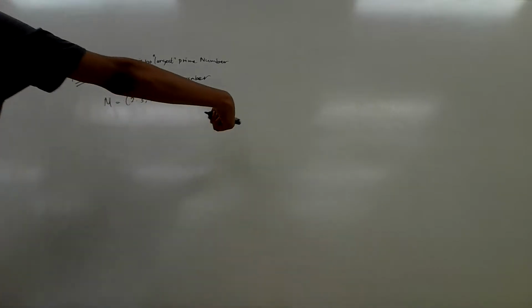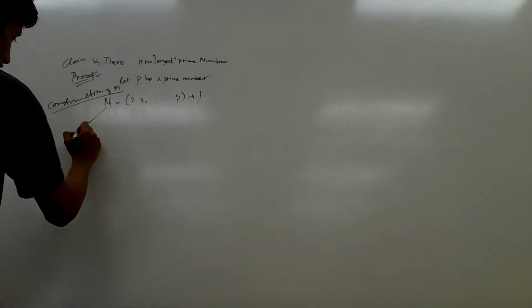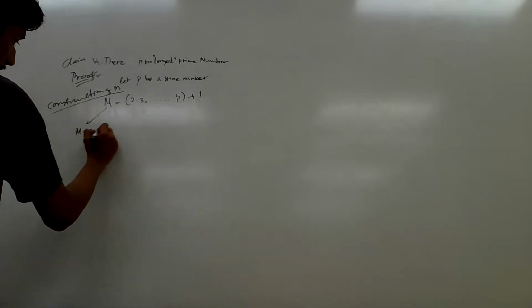Now, why this kind of a construction? Why are you constructing this M? There's a reason as to why we are doing this. It's possible that M is a prime number. What do I mean by this?